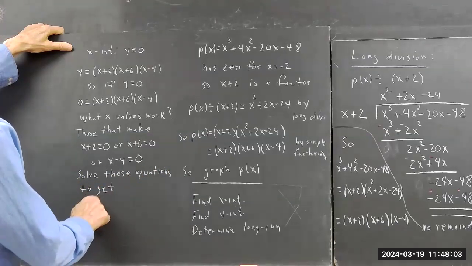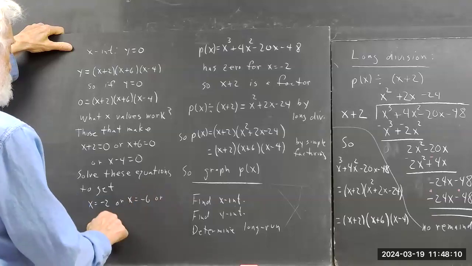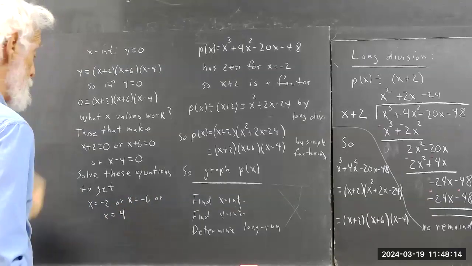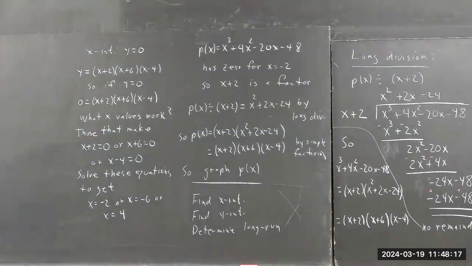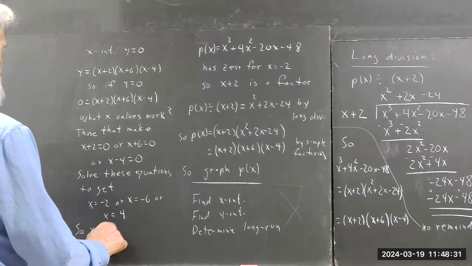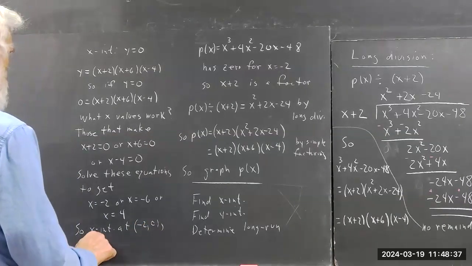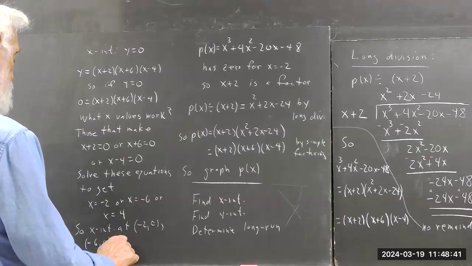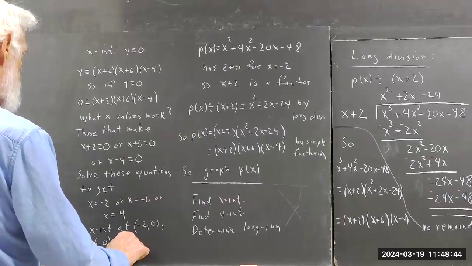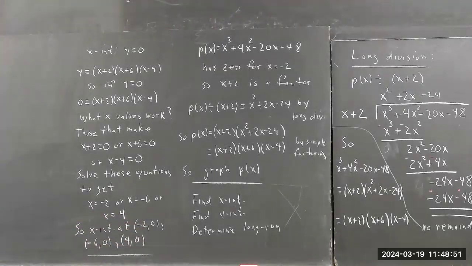Solve these equations, you get x equals -2, or x equals -6, or x equals 4. Your x-intercepts occur at these 3 points.